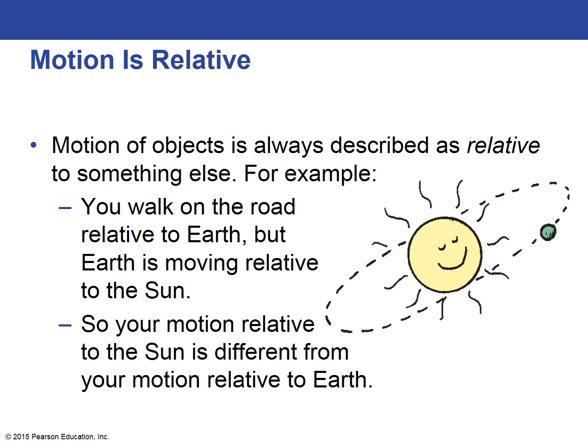Another way that I like to point this out is that imagine a car traveling along the freeway at 60 miles per hour, and there is a fly in the back of the car that flies to the front of the car at 5 miles per hour. Now, for the observer in the car, that fly is moving at 5 miles per hour.